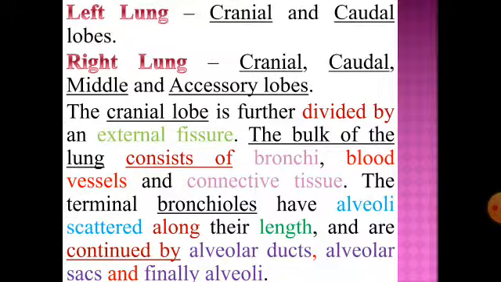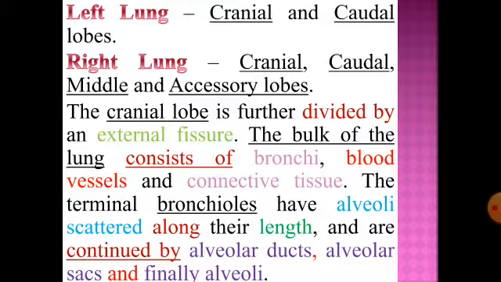Left lung, cranial and caudal lobes. Right lung, cranial, caudal, middle, and accessory lobes. The cranial lobe is further divided by an external fissure. The bulk of the lung consists of bronchi, blood vessels, and connective tissue.